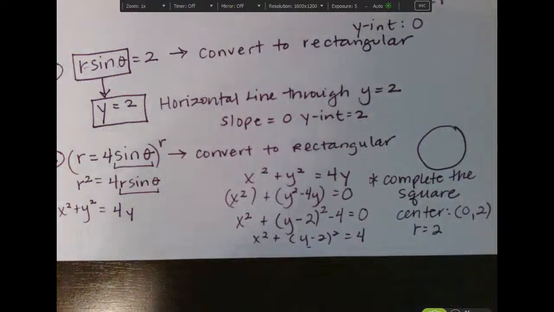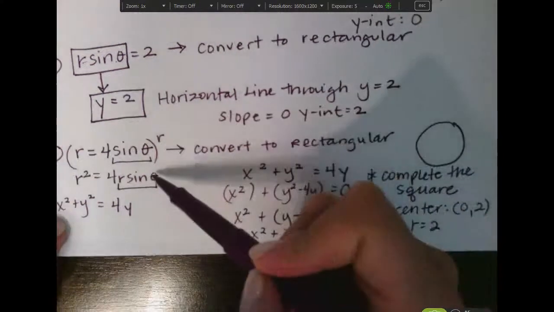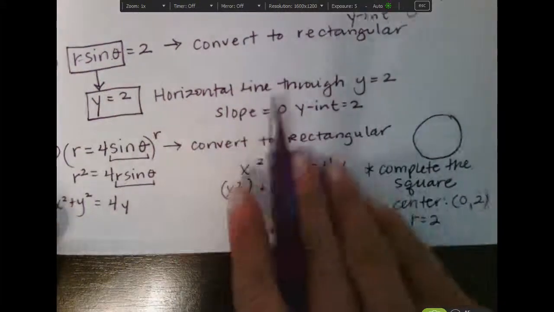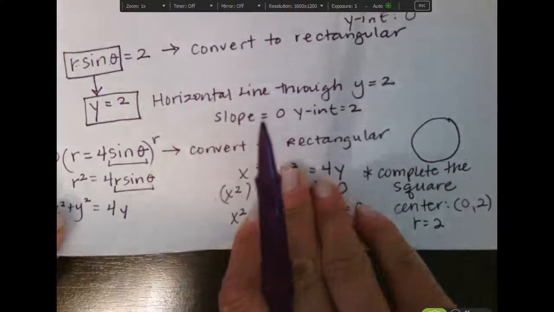Okay, so sometimes it's not that easy to convert, and sometimes it's nearly impossible to convert. And again, the graphing calculator can be very helpful in that scenario. But let's take a look at another example here. I left off on number 3, so this would be number 4. r equals 1 minus the sine of theta.